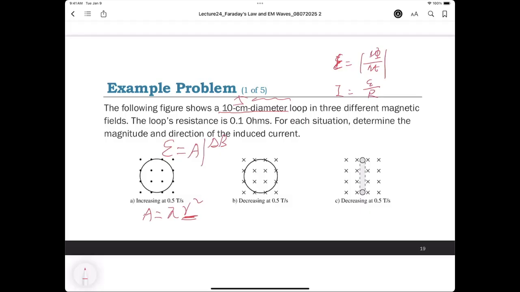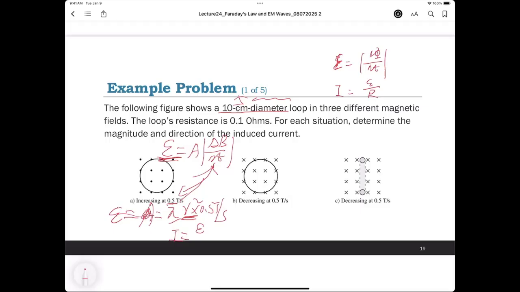The cosine theta is 1, so it is A delta B over delta t. Then you can get the current I. Does that make sense to you?